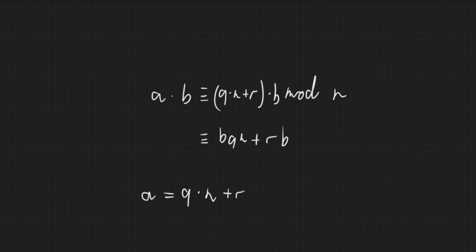So the key takeaway here is that if we do any calculation modulo some number, n for example, we can at any point replace an intermediate result with the remainder modulo that number n without actually changing the overall result.